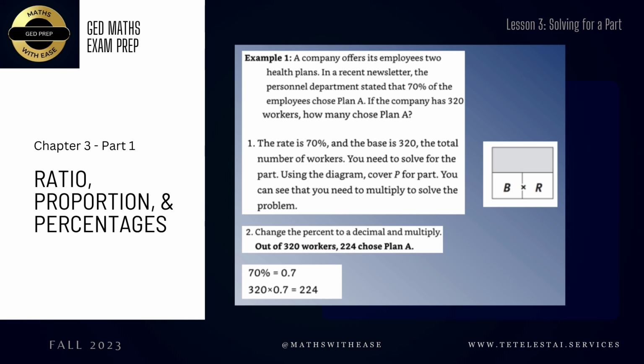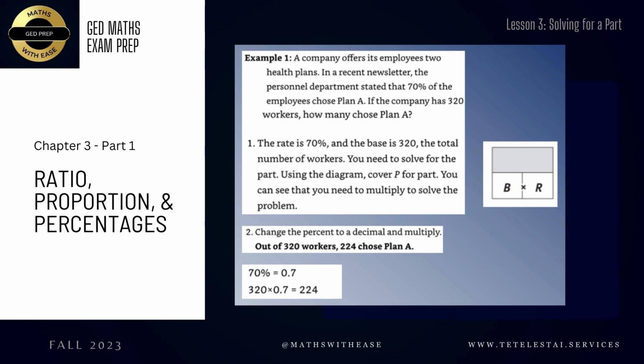So using your diagram, you just want to gray out or cover the part of your diagram that represents P, okay? And then you can see that you need to multiply to solve the problem. You need to multiply the base times the rate, right? And we've discussed how to change a rate to a decimal, right?